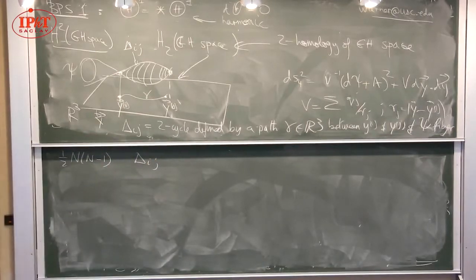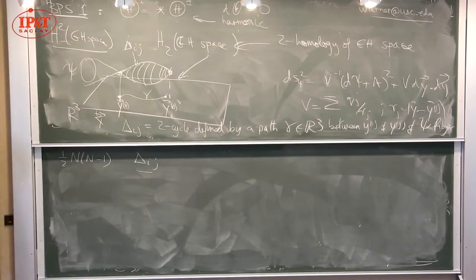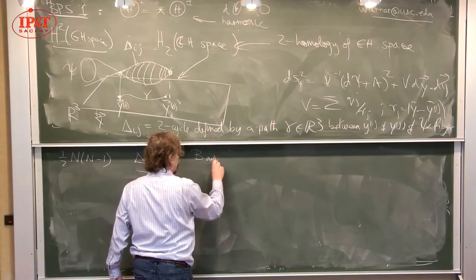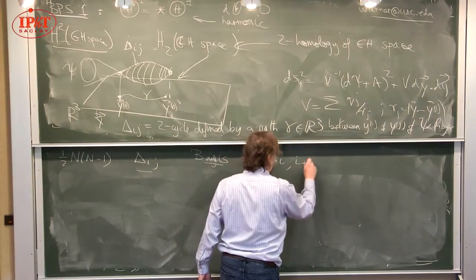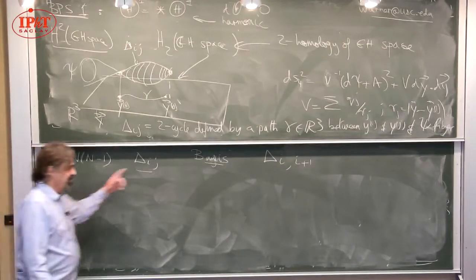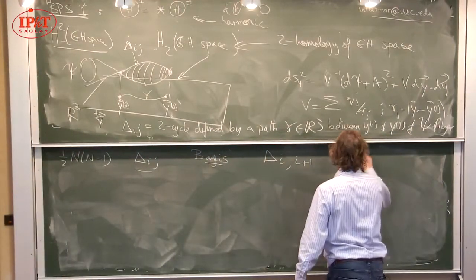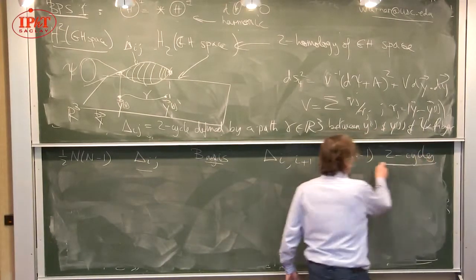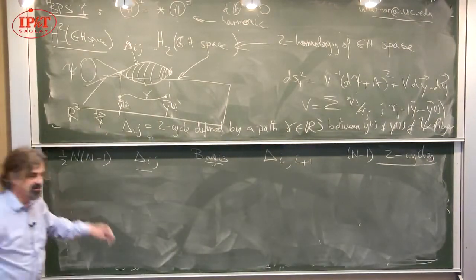But it turns out, for reasons that will become clear a little bit later, there's a basis, which is basically you put the points in any order, delta i, i plus 1, and any other cycle is just a sum of these cycles. And so there are in fact n minus 1 2-cycles. So the beautiful thing about the Gibbons-Hawking space is you can literally see the non-trivial 2-cycles.